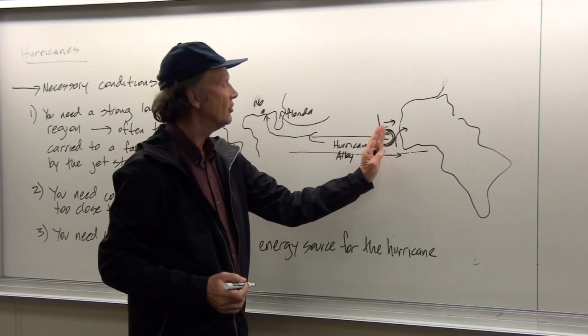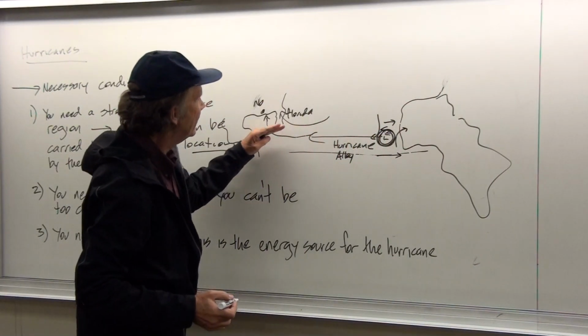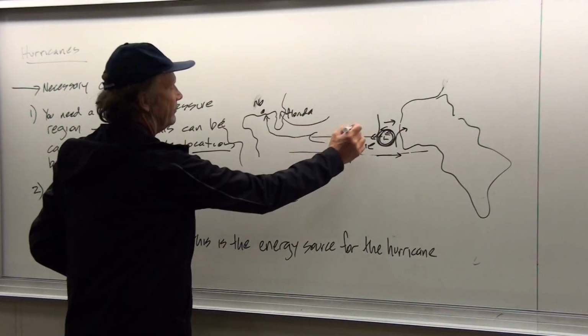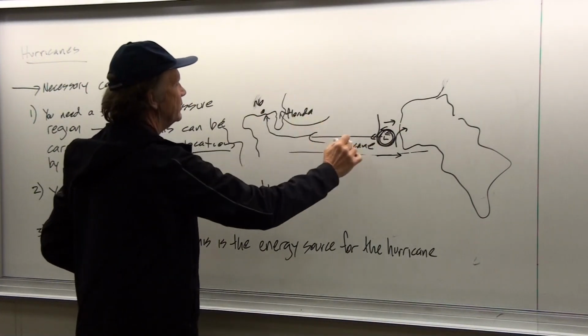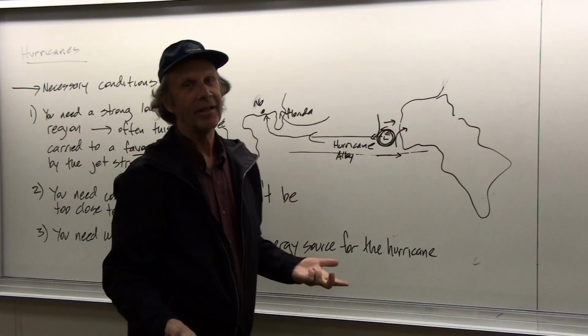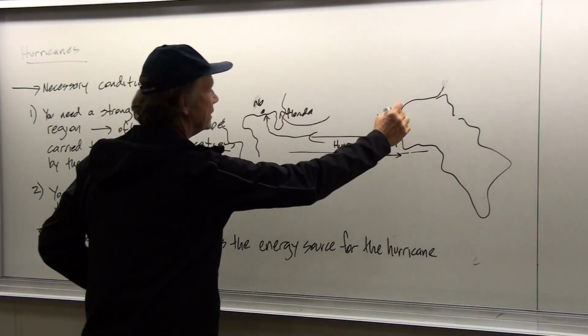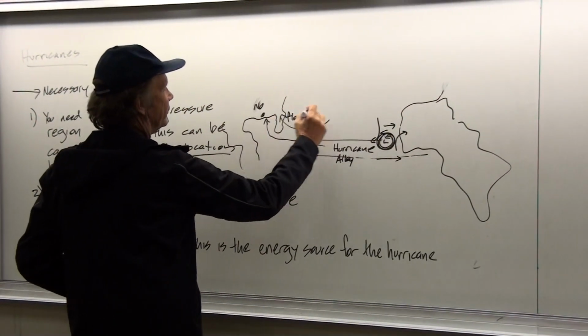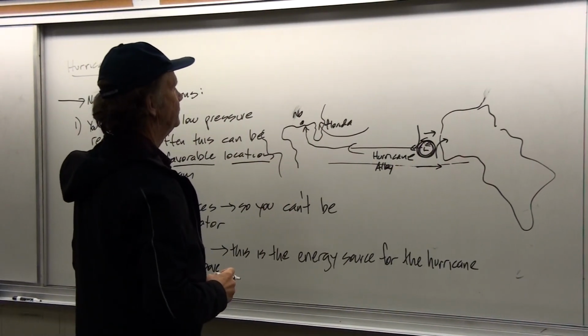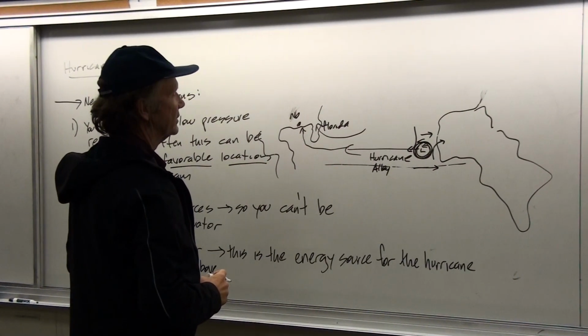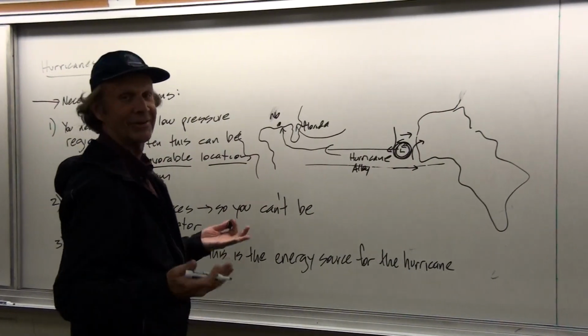And so it gets stronger and stronger. And then finally, if all of the conditions are right, it may deflect off like this and just dissipate. That would be what we call a gutter ball. But a strike would be a hit on the Florida coast or a hit, say, to New Orleans. And so that's not in a good way, of course.